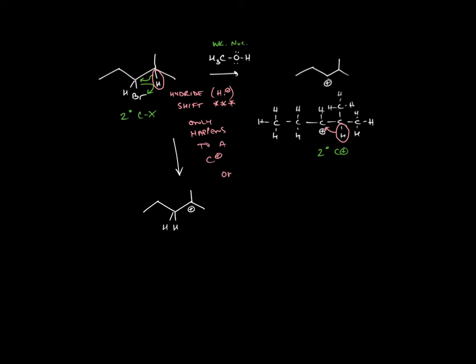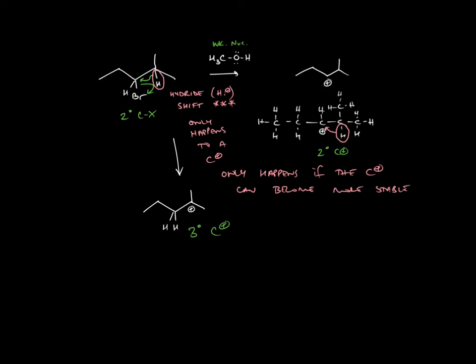And it only occurs if the carbocation can become more stable. So, in the case of the leaving group leaving all by itself, we got a secondary carbocation. But in the case of the leaving group leaving and the hydride shift occurring, we get a tertiary carbocation.